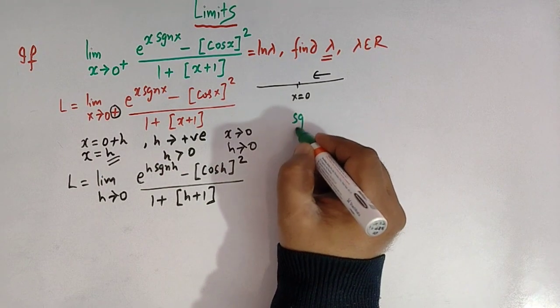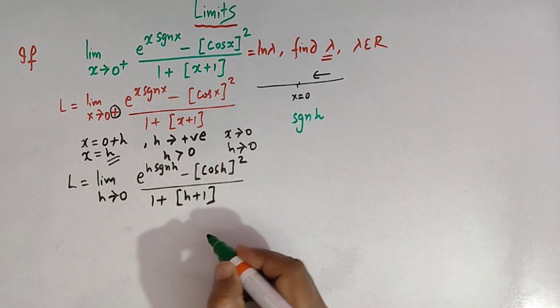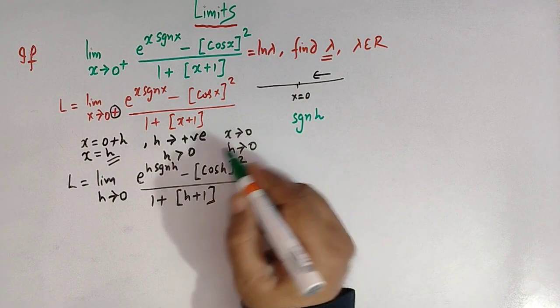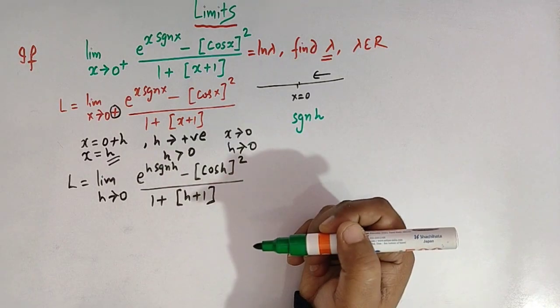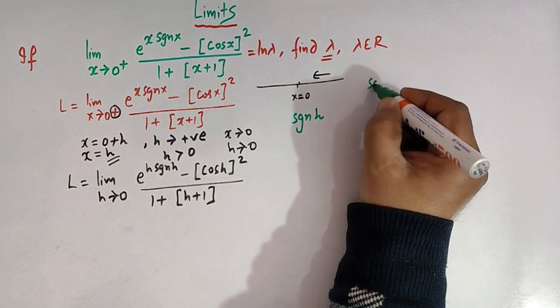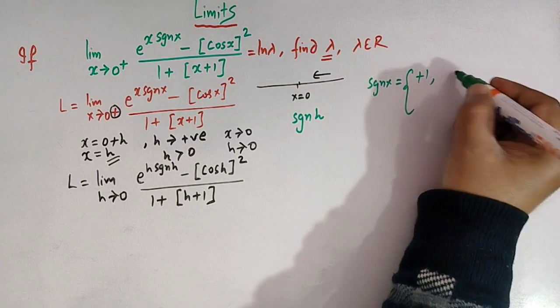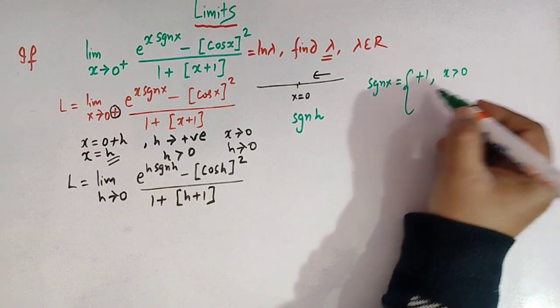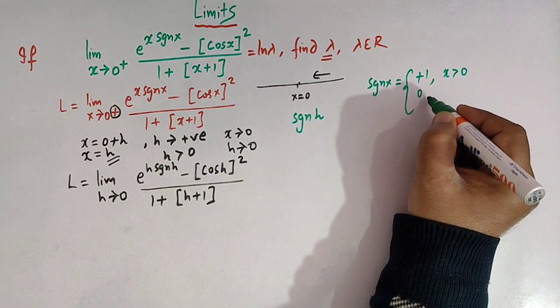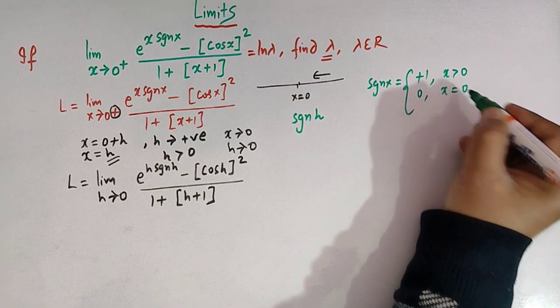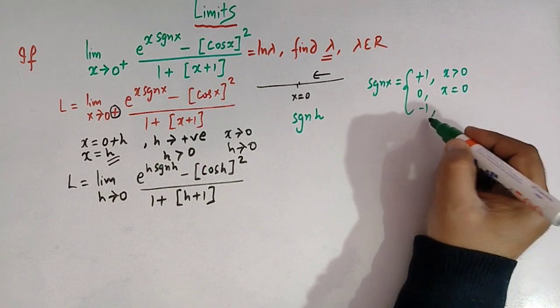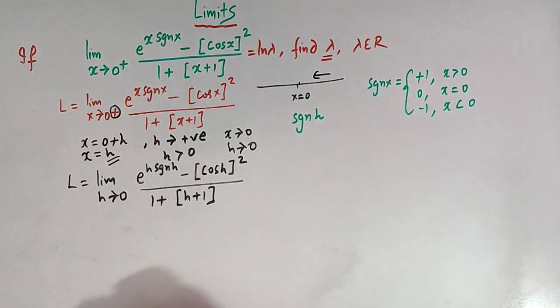See, here we have signum of h, and h is a positive quantity. So we define signum of x as plus 1 whenever x is greater than 0, signum of x is 0 when x is equal to 0, and signum of x is minus 1 when x is less than 0.